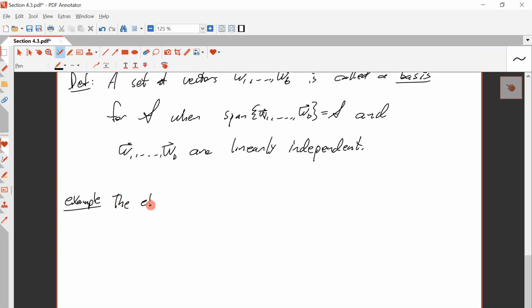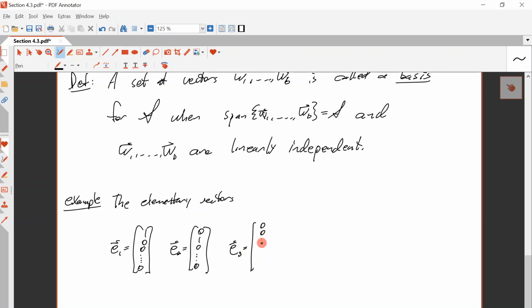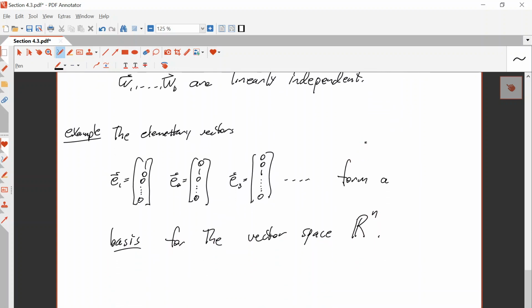For example, the elementary vectors e1 equal to 1, 0, 0, 0, e2 equal to 0, 1, 0, 0, e3 equal to 0, 0, 1, 0, form a basis for the entire vector space Rn.